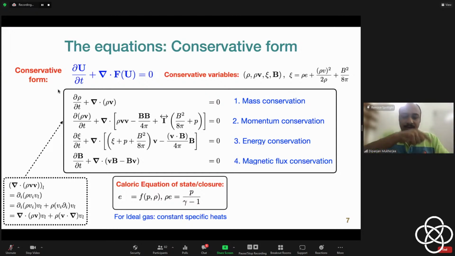And since the rise in the mean magnetic field is very high, you need good accuracy to sample that rise. So for those kinds of studies, it is usually the Pencil Code that is widely used, the standard toolkit.